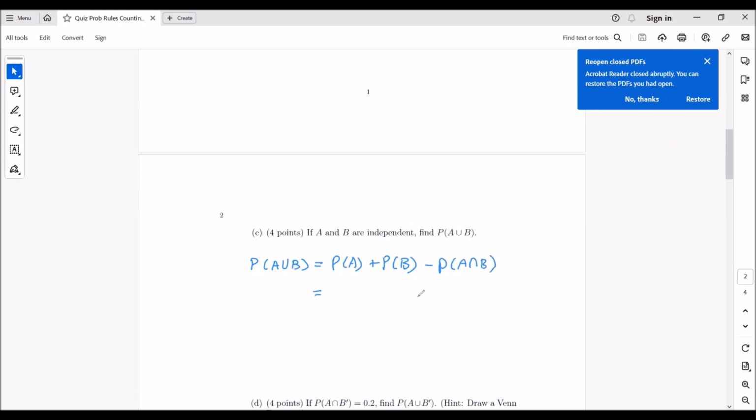Then using independence, the intersection is simply the product of the probabilities. So it's 1.3 minus 0.42, which is 0.88.